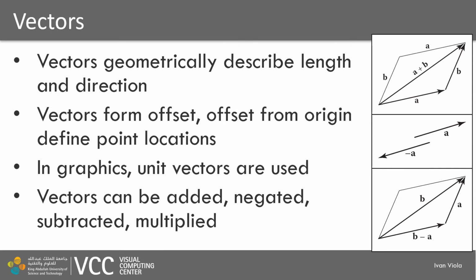We can also define a negative vector to a particular vector, for example, a vector minus a as the negative vector to the vector a. Such a vector will have exactly the same orientation and the same length, but it will be pointing in the opposite direction.